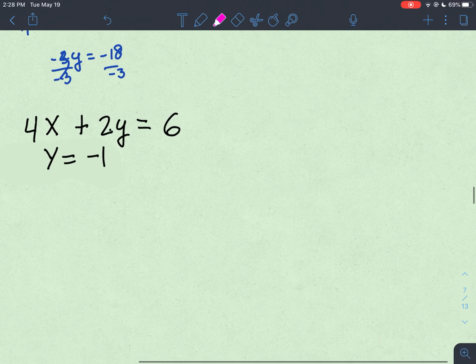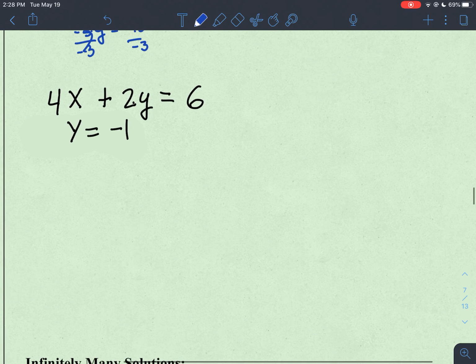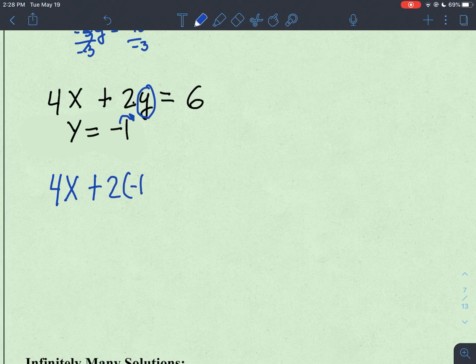You're not always going to be given the x, and in some cases you might be given the y, as we have right here. Same story. We have a y. We know that in this place right here, we can tuck that negative 1 in. So let's go ahead and rewrite the equation. 4x plus 2 times negative 1 equals 6. Now it comes down to solving.